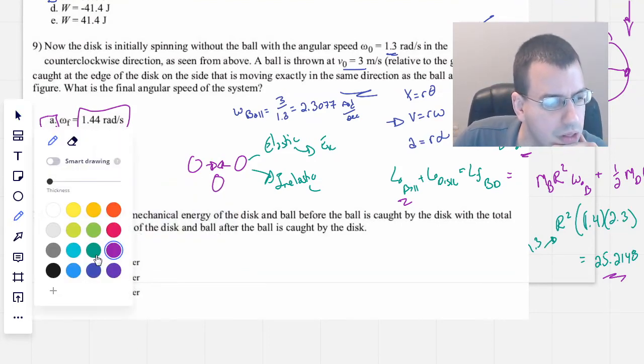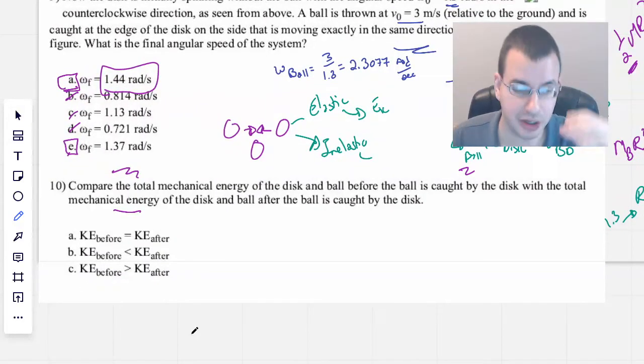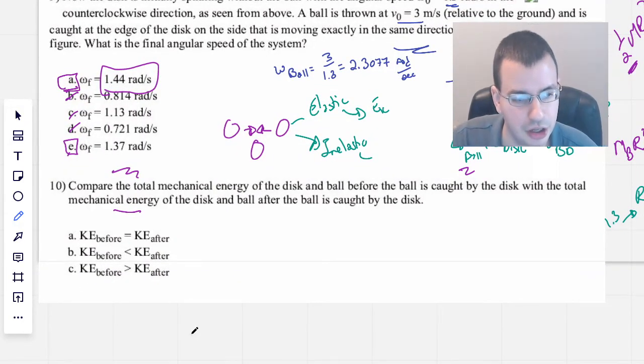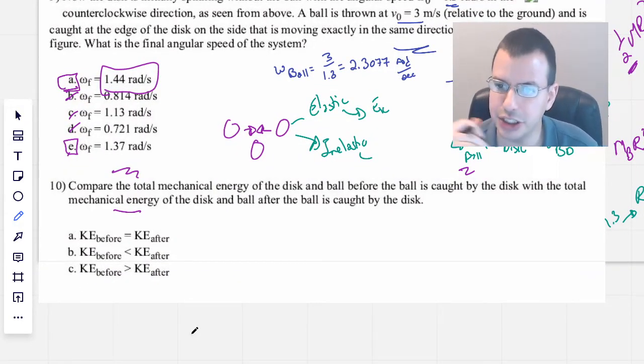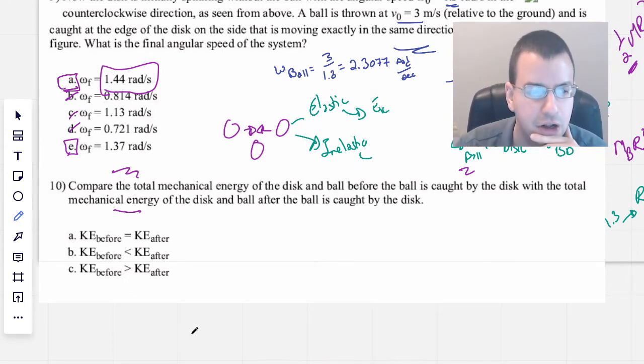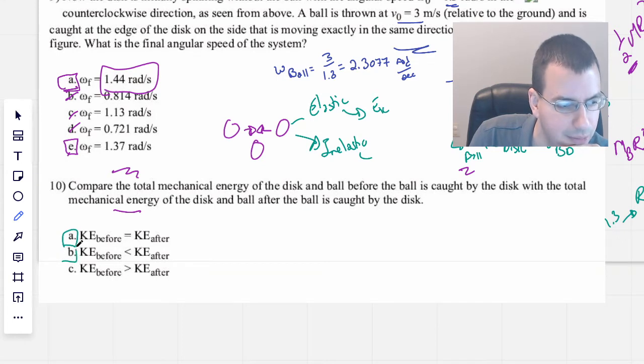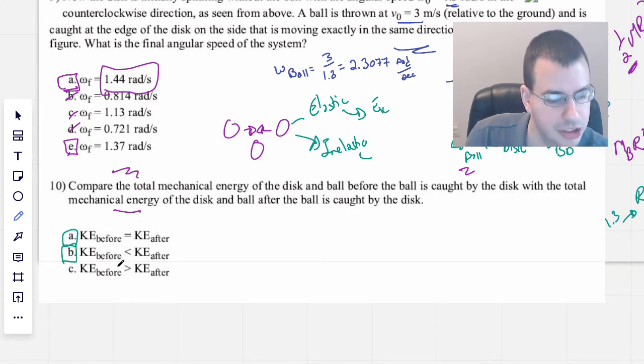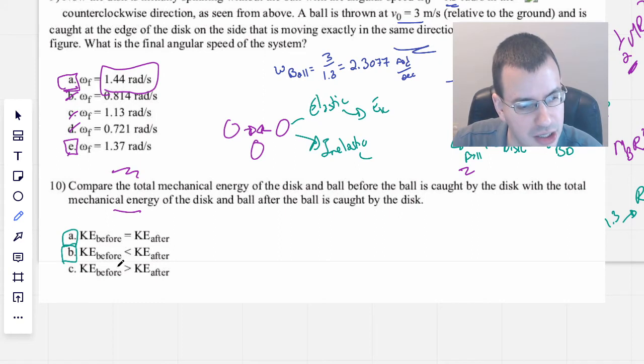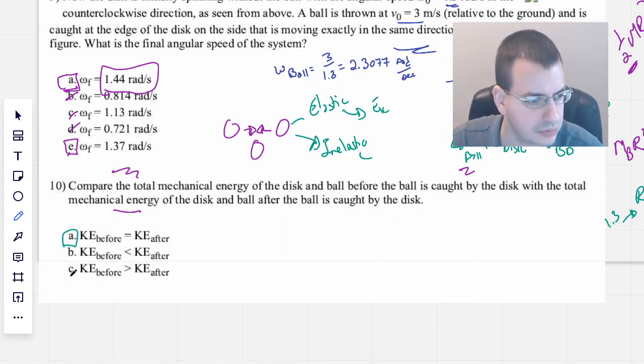So this is a collision. If we think of it just in terms of a normal collision, you're never going to gain kinetic energy from a collision. You have two things hit each other. At best, they'll be equal. So this is a potential answer. But more than likely, before is going to have more energy than after.